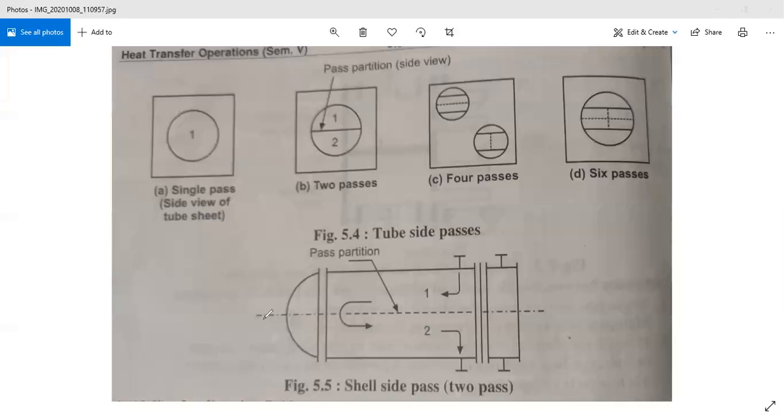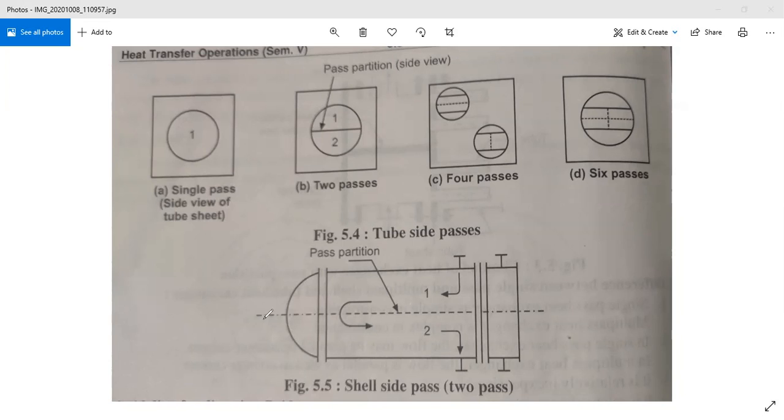We have also discussed the double pipe heat exchanger, one of the main, old and conventional heat exchangers, where there are two concentric tubes, and we discussed the construction and working, advantages, disadvantages, and application of this double pipe heat exchanger.